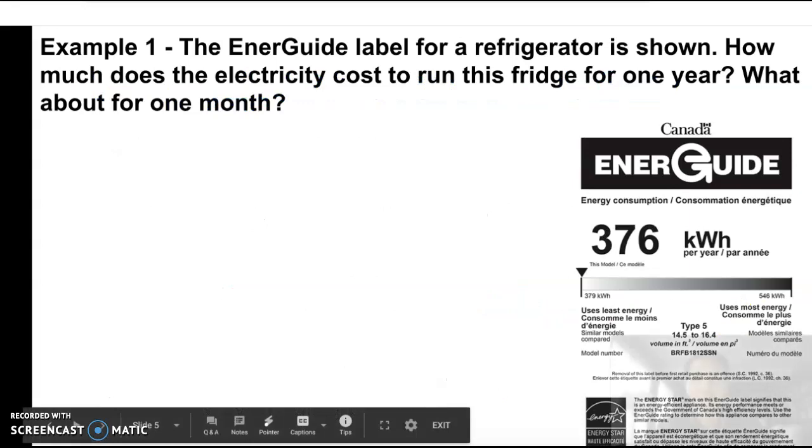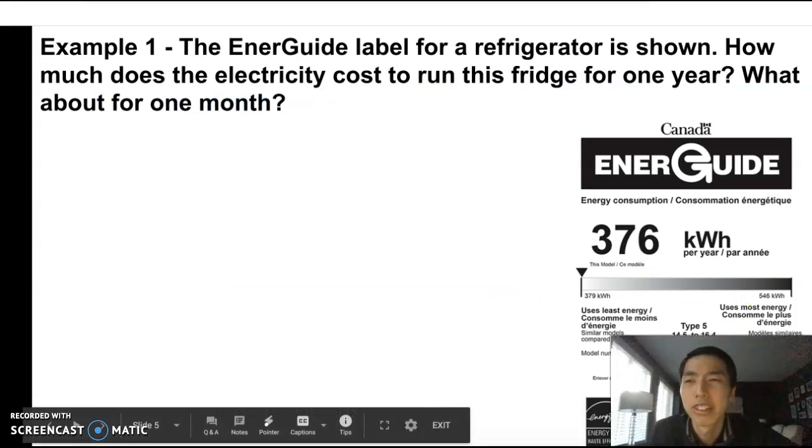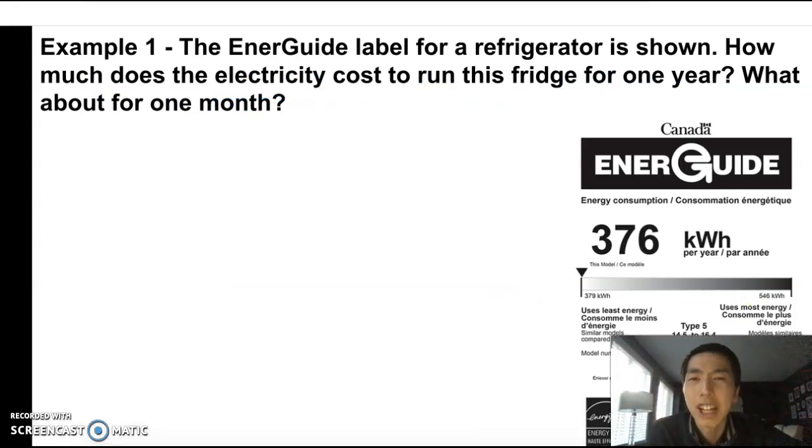So, 2 examples here. Example 1. The EnerGuide label for a refrigerator is shown. How much does the electricity cost to run this fridge for 1 year? What about for 1 month? All right, so we have a fridge. It's plugged in all day.